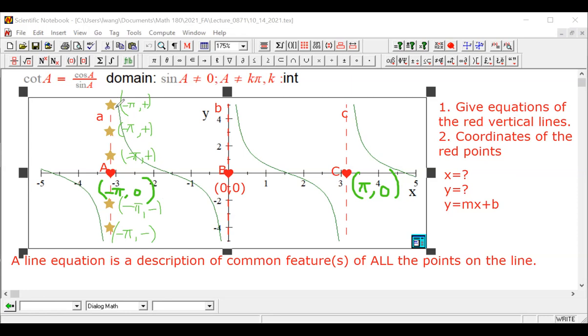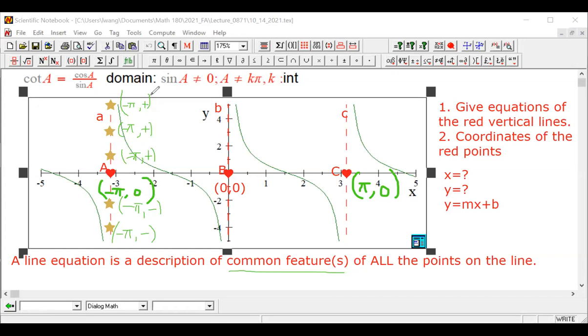All of these points and more on this line have something in common. What is that common feature? Their x coordinates are all the same, negative pi. How about the y coordinates?